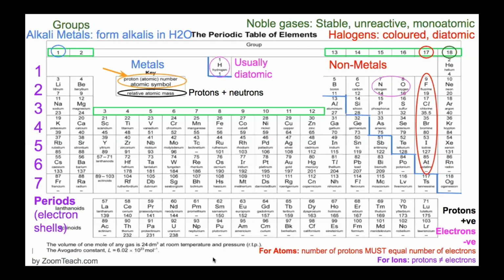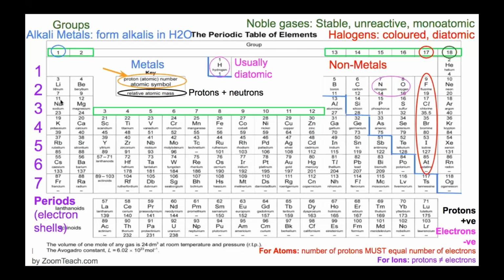Take note that all protons will have a positive charge and electrons will have a negative charge. So if I have more protons compared to electrons, like for example with the sodium earlier, sodium ordinarily would have 11 protons and 11 electrons. Now when the sodium atom loses the electron to get a stable electronic structure, the number of protons for sodium remains 11, but the number of electrons is now reduced to 10.